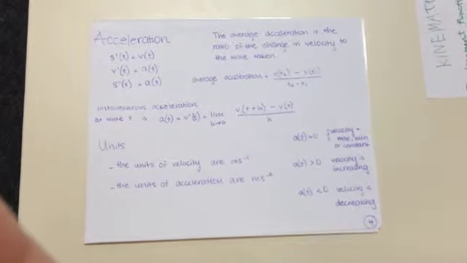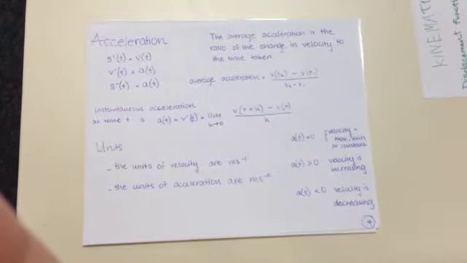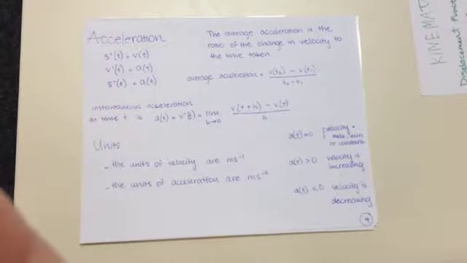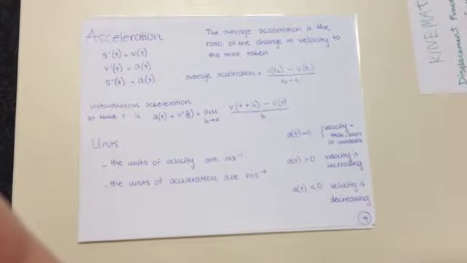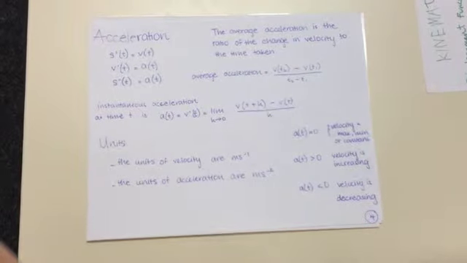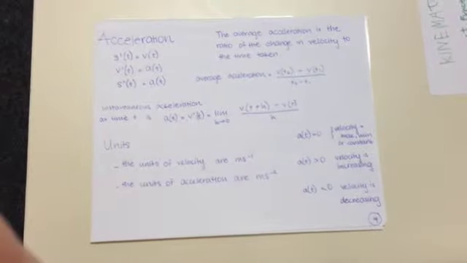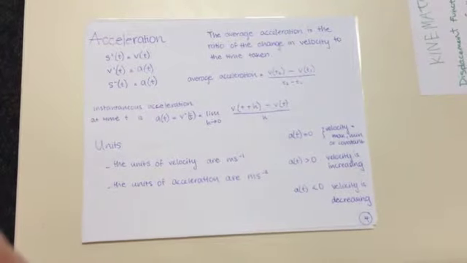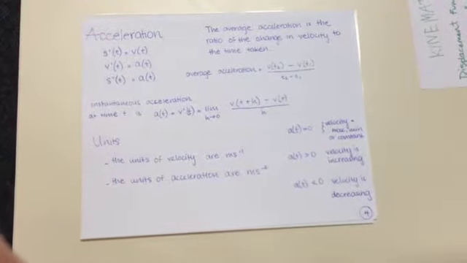It can be found by the limit as h approaches 0 of v of t plus h minus v of t over h. The units of velocity are ms to the power of negative 1. Units of acceleration are ms to the power of negative 2.